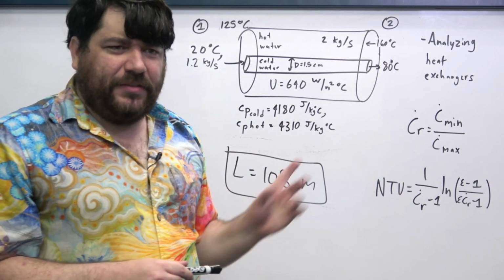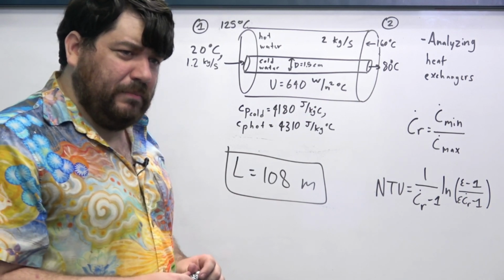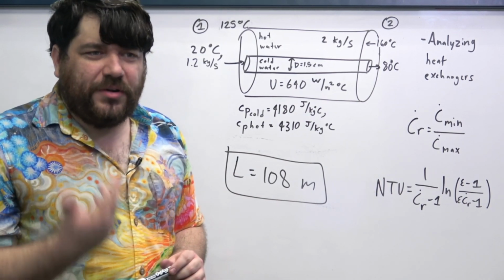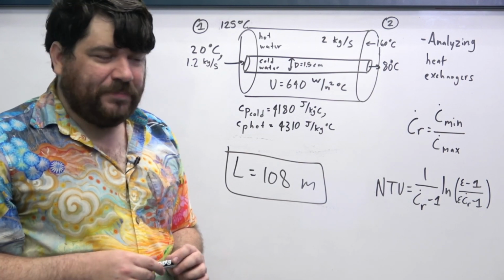Now, as a reminder, if this had not been a counterflow heat exchanger, if this had had some much more complicated geometry, we would have needed to include a correction factor inside of that delta TLM equation that we saw previously.